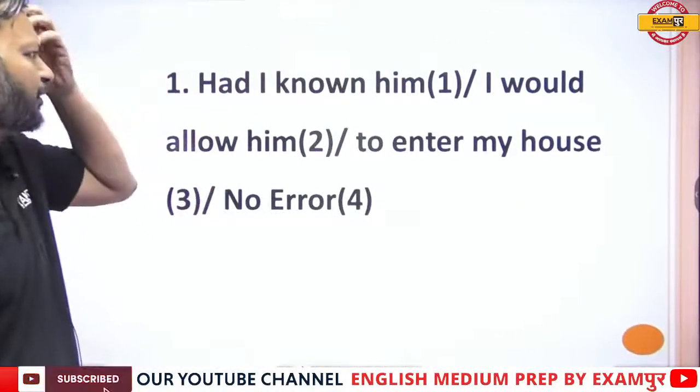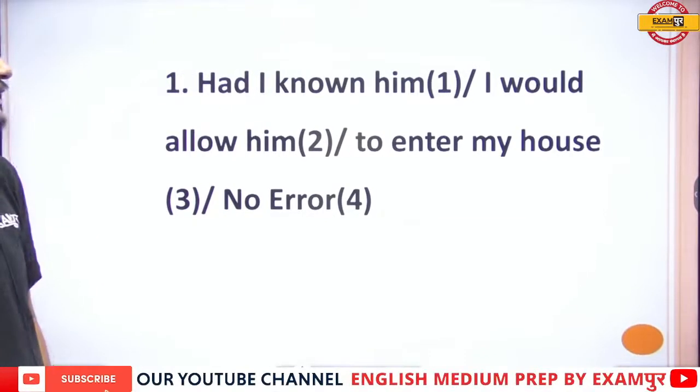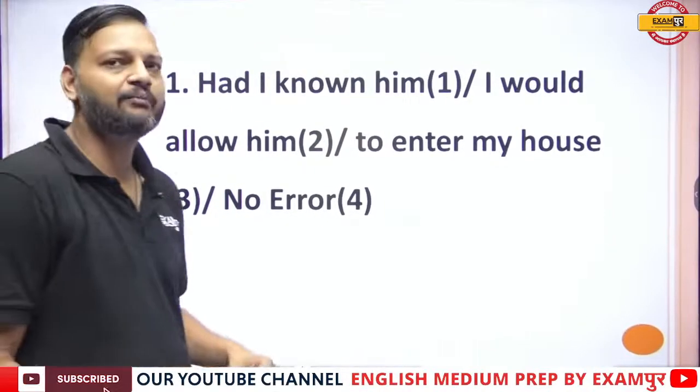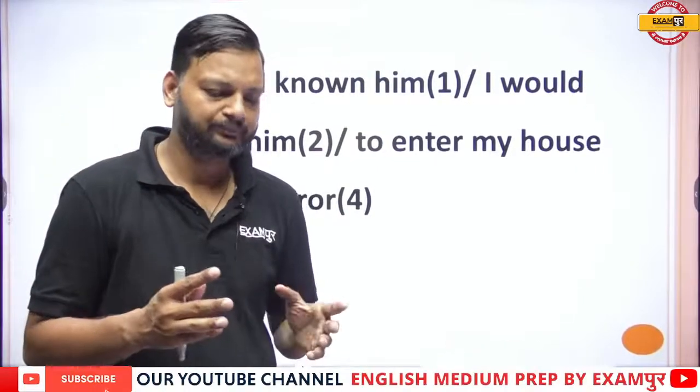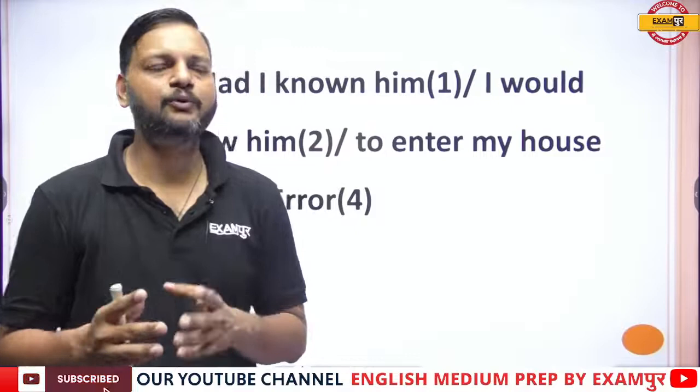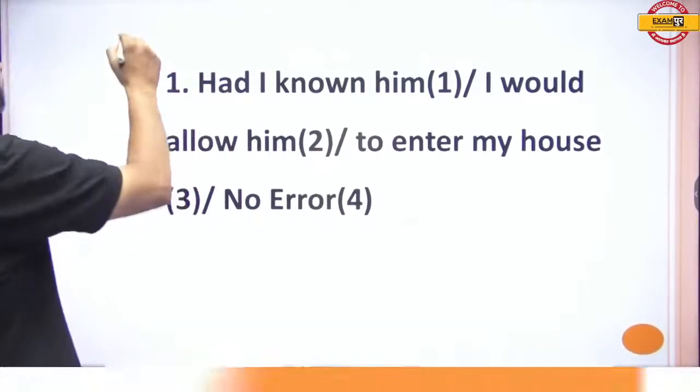So here we have our first question. Had I known him, I would allow him to enter my house. If you remember, in yesterday's class I told you about type 1, type 2 and type 3. So this is a type 4 question. And what is a type 4 question?